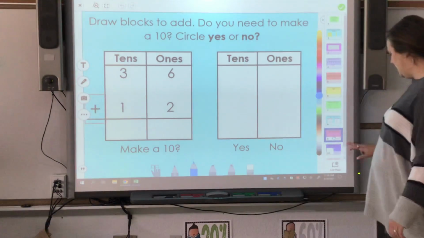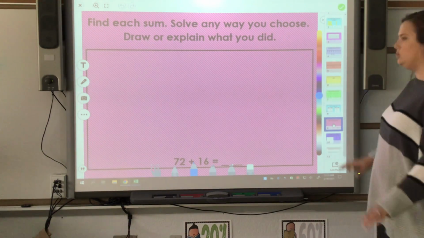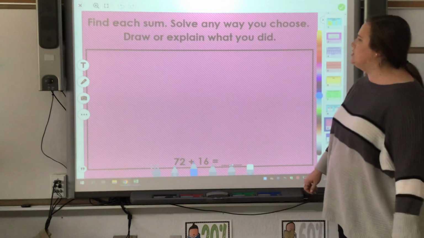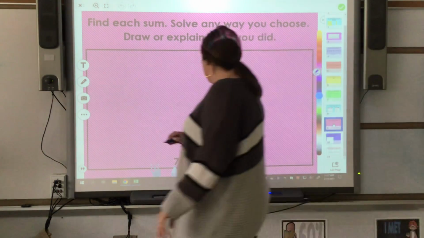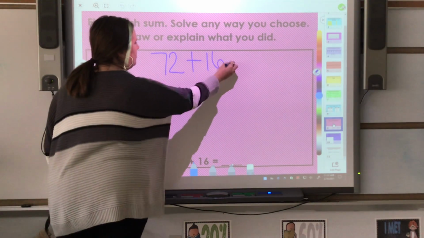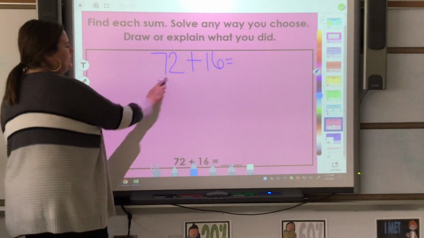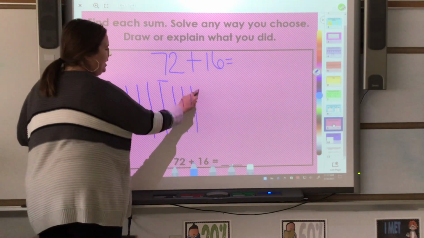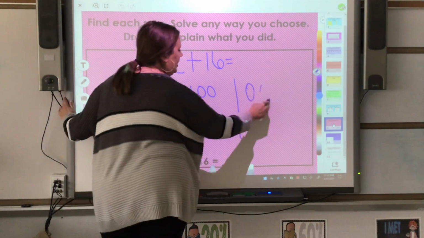All right, we're going to do one of these little word problems together. Find each sum, solve any way you choose, draw or explain. So we've got 72, I'm just going to write it a little bigger up here, plus 16. If we were to draw our 10s and our 1s, we would need 7 10s and 2 1s, plus 1 10 and 6 1s.